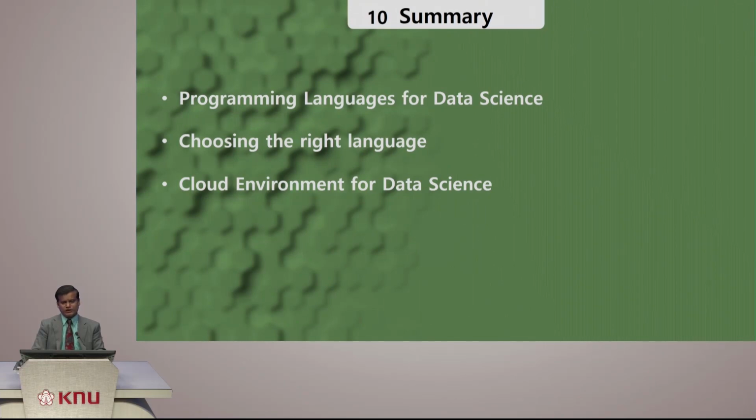So that's what we learned today. We talked about various programming languages, and especially with respect to data science, we know that Python is highly recommended, and R programming is equally powerful. Then comes MATLAB, which is also a key programming language.